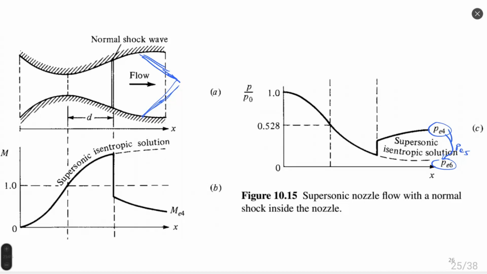Okay, so I hope it's interesting, and Anderson also explains a lot how to calculate such a case, and I, in my video, show a complete model of how to find exactly this distance d, where a normal shock wave will appear. It's an iterative process. There is no direct calculation.